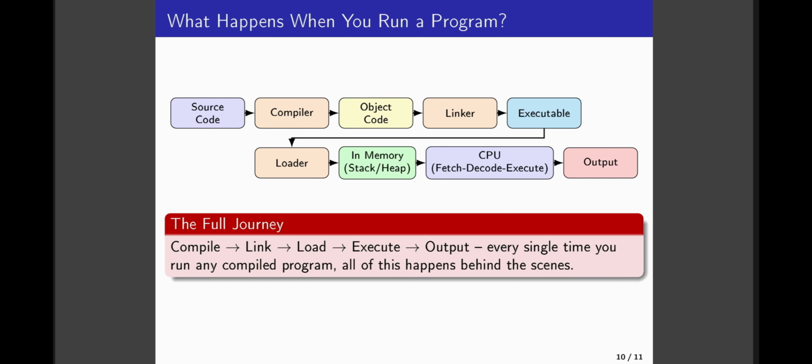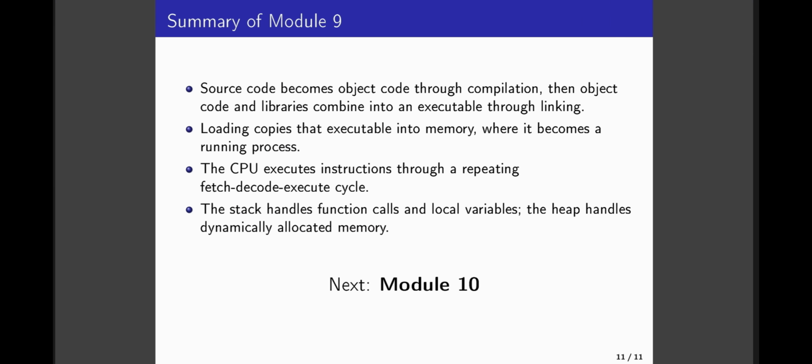From there, the CPU takes over, running its fetch, decode, execute cycle, and finally, all of that produces our program's output. So compile, then link, then load, then execute, then output. Every single time you run any compiled program, all of this happens behind the scenes, usually in a fraction of a second.